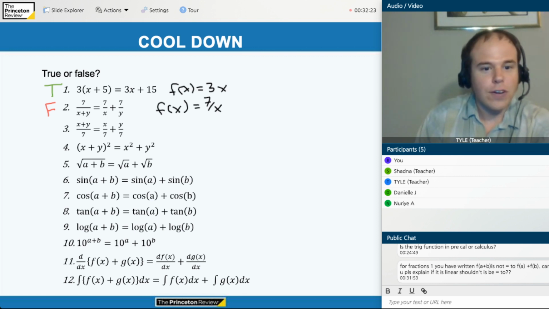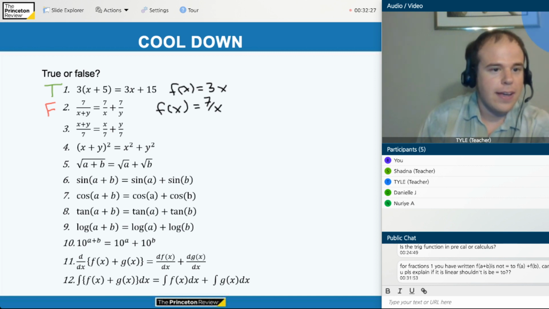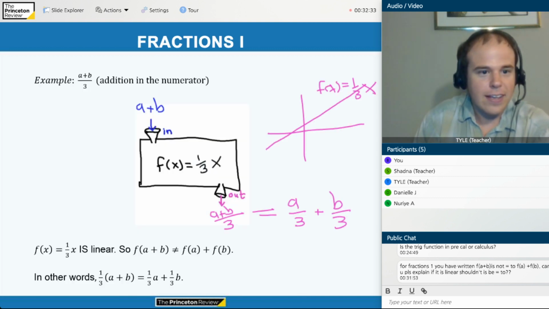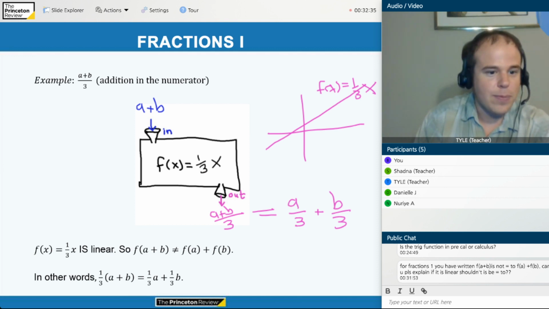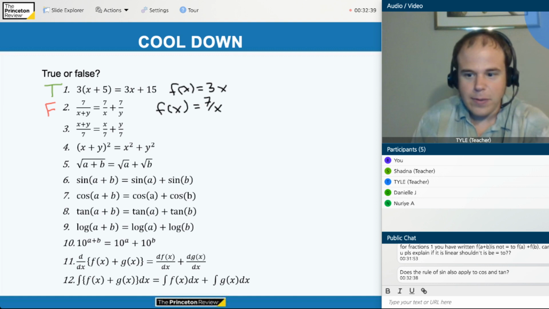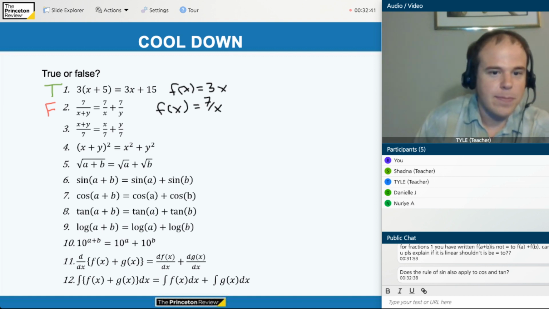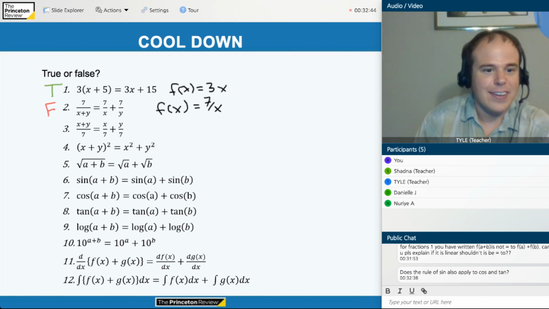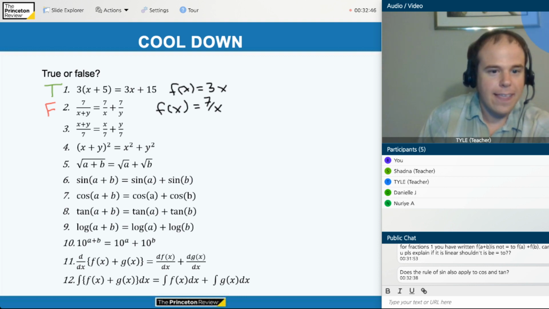For fractions 1, I forget which one was fractions 1 and 2, so let me go back to make sure I know which one you're talking about. Fractions 1 was when it's a plus b in the numerator. Okay, good. Great. So the question was about this one.